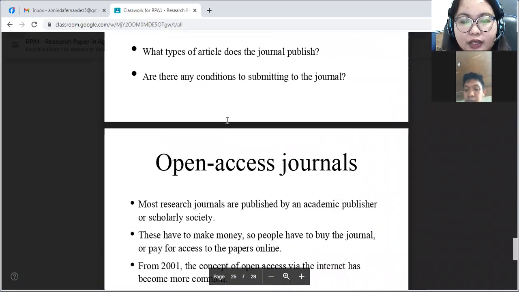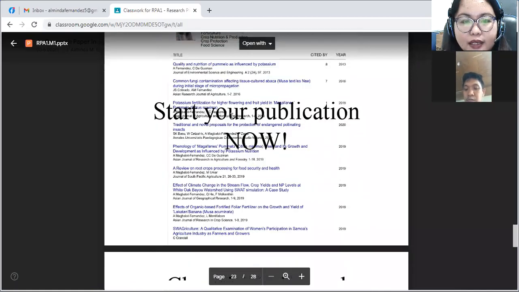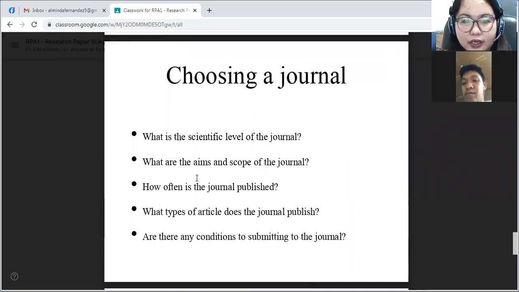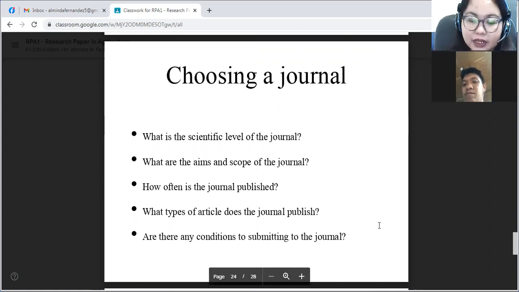So now you have to choose, as your exercise 1, the journal. What is the scientific level of the journal, what are the aims and scope, and how many times they publish. Usually if it is quarterly or monthly, it is faster. And what are the types of article we can publish?